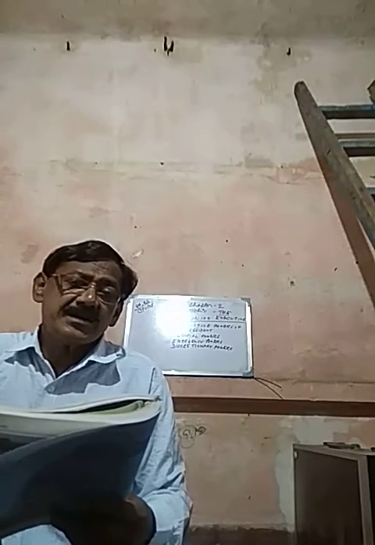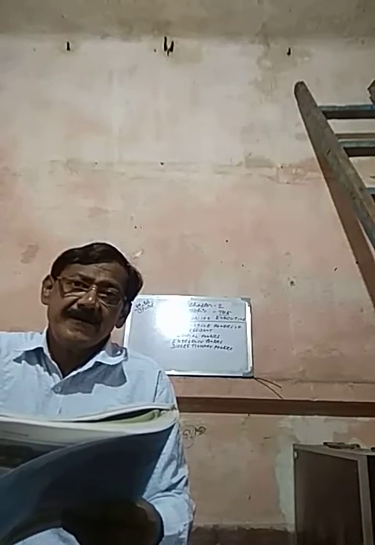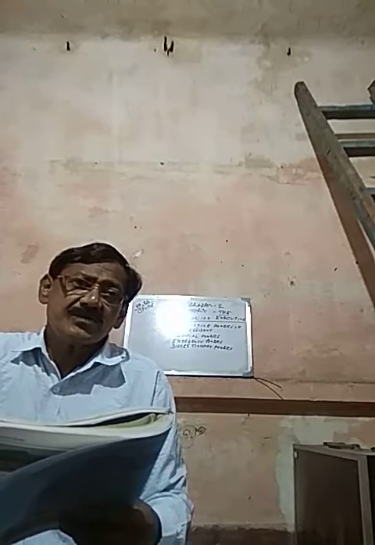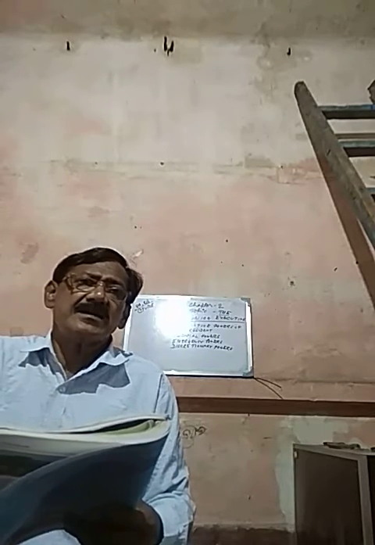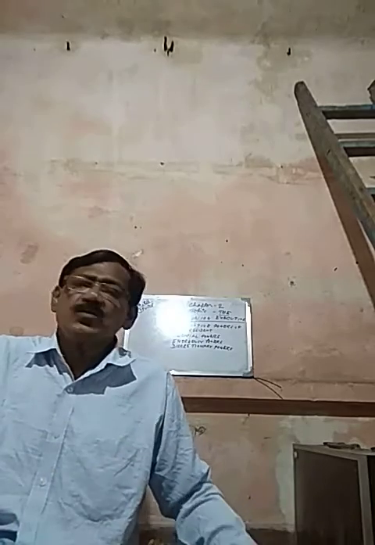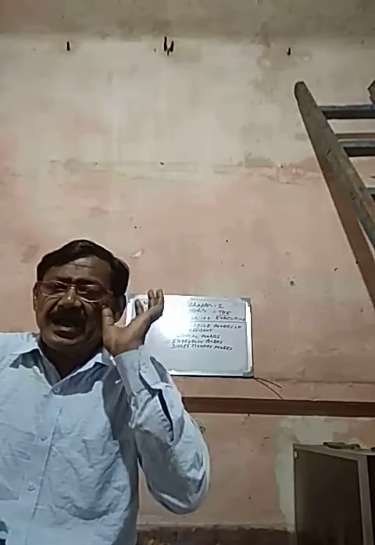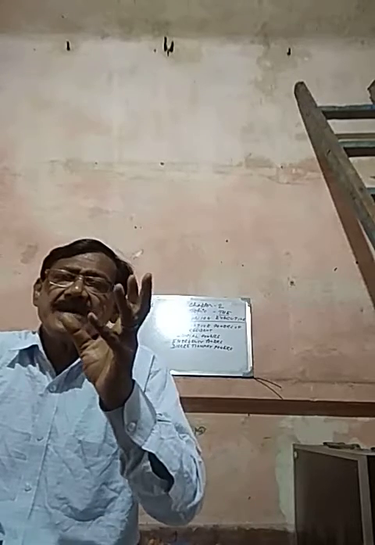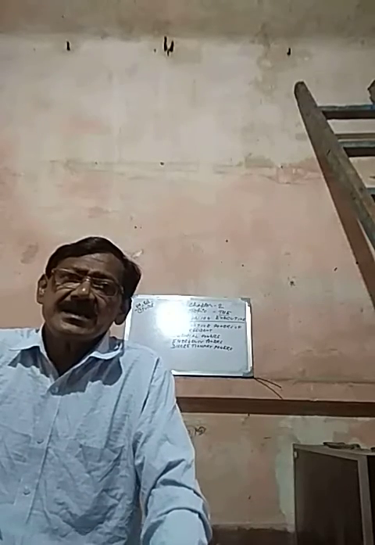Whenever any political party fails to have a two-third majority and is unable to form an independent government, there is a question of making a coalition government in the country.